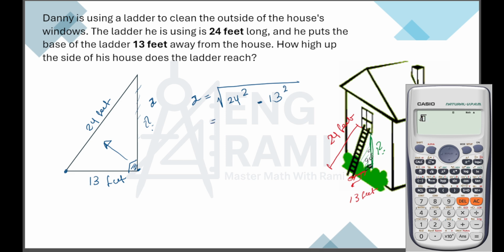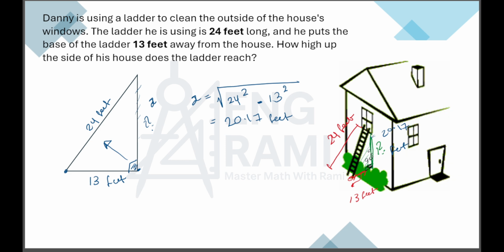The square root of 24 squared minus 13 squared equals the square root of 407, which is 20.17 feet. The length here equals 20.17 feet.